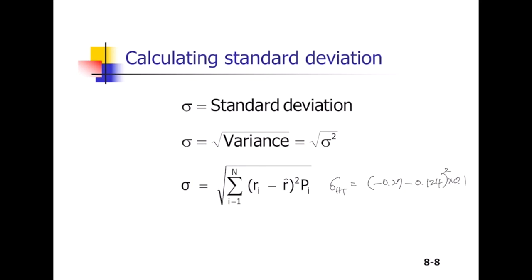And repeat the process. For the next state, the return is 0.07, and this is the same, right? Power of 2 times the probability, which is 0.2. For the next, the expected return is 0.15 minus 0.4.